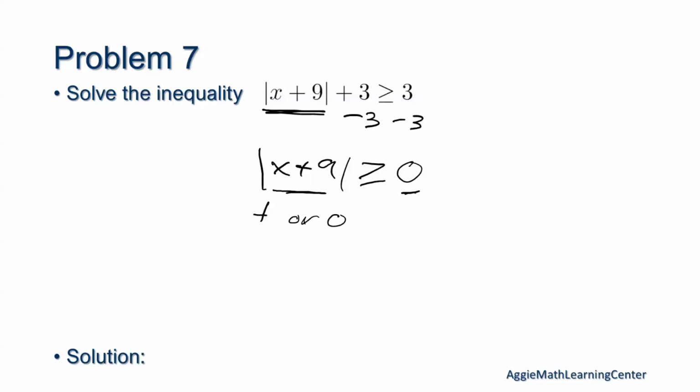Yes. Positives are always greater and 0 is always equal to 0. So in this case, it's just everything. Sometimes they'll write it like this for all real numbers, or I think this problem is just saying you'll have everything.